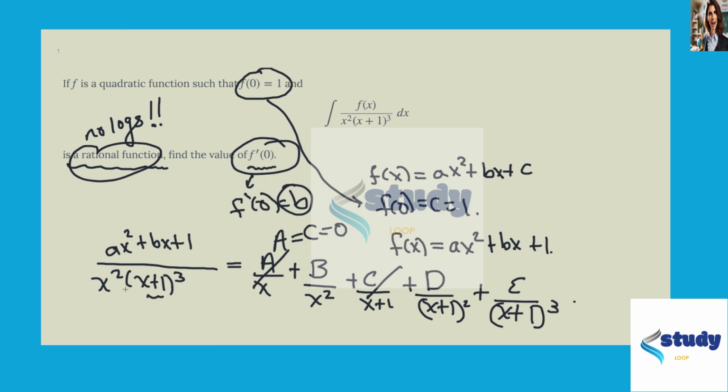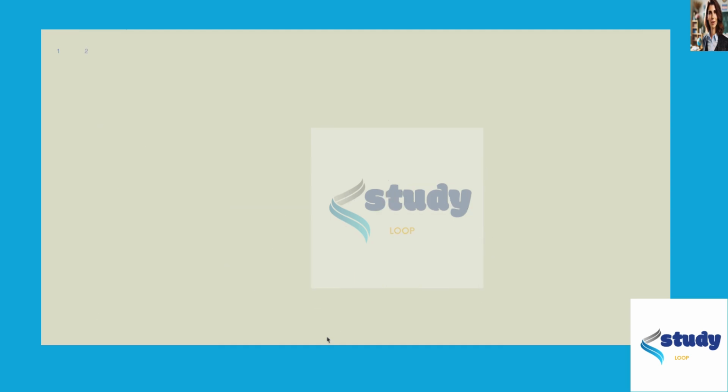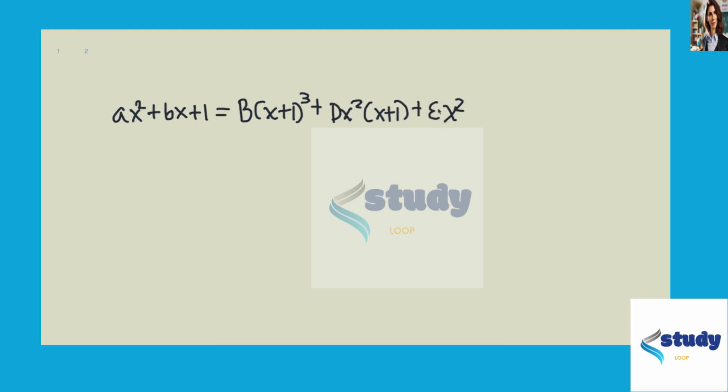So when I go ahead and multiply both sides by this denominator, and we're getting rid of a and c, let's go to the next page. I get ax squared, bx plus 1. And then on the right, we could go ahead and solve this.